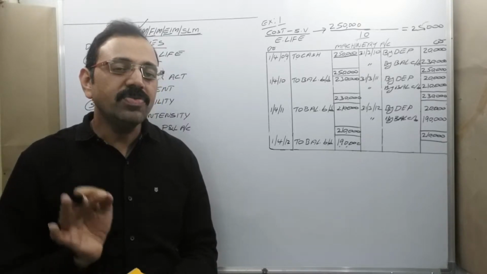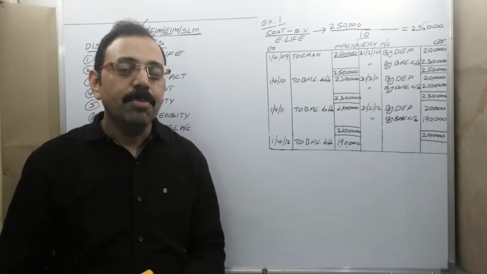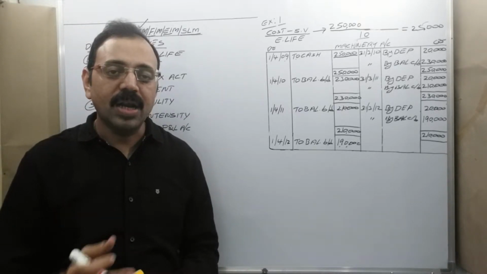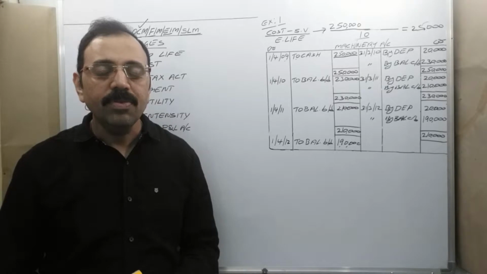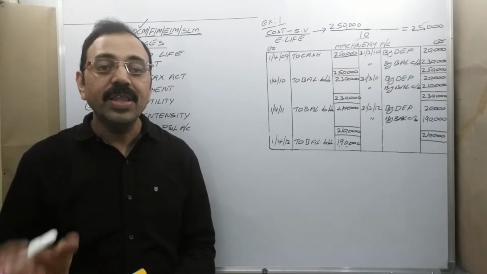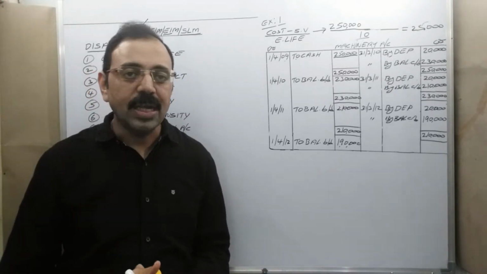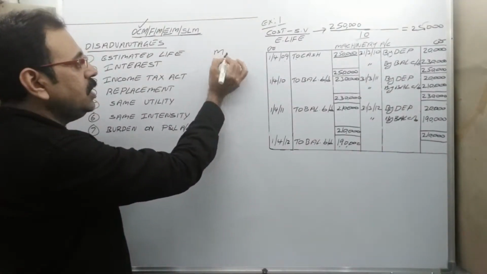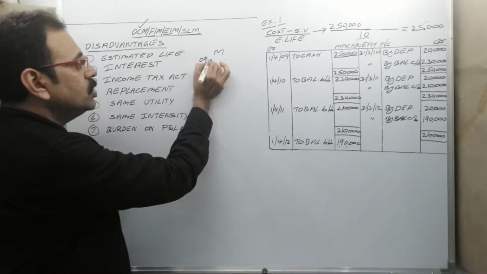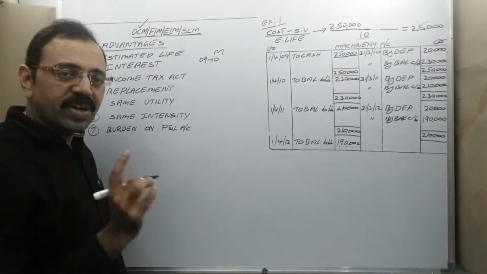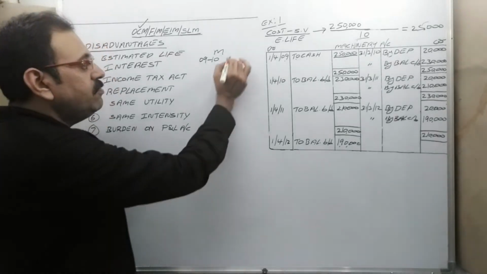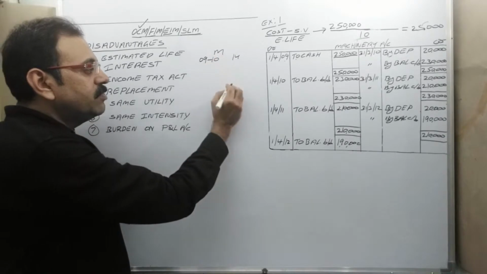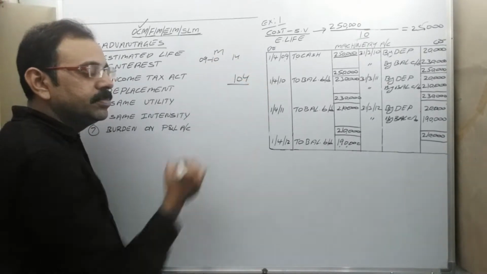But in case of certain assets like machinery, vehicles, lorry, truck, etc., we cannot estimate the life with accuracy. For example, in the present problem, we bought one machine in the 2009-10 year, no? This is the first year, no? And in the first year, we are estimating that we can use this asset for 10 years.